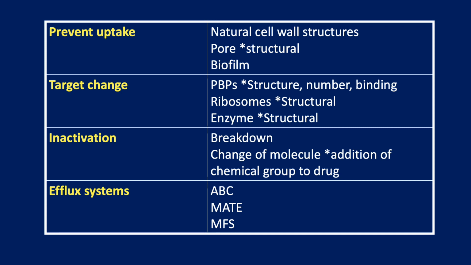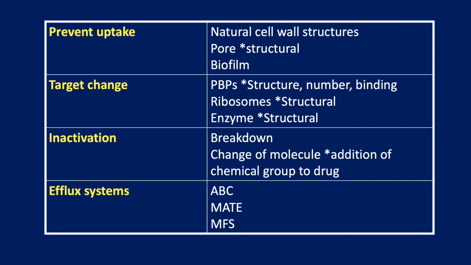Secondly, modification of targets. For beta-lactam antibiotics, alteration in the structure or number of penicillin binding proteins can induce resistance. Methylation of ribosomes can induce resistance through the inability of the drug to bind. Mutations have also been observed in a range of enzymes, including gyrase, topoisomerase, and dihydrofolate reductase, which decrease or eliminate the ability of the drug to bind to these components.